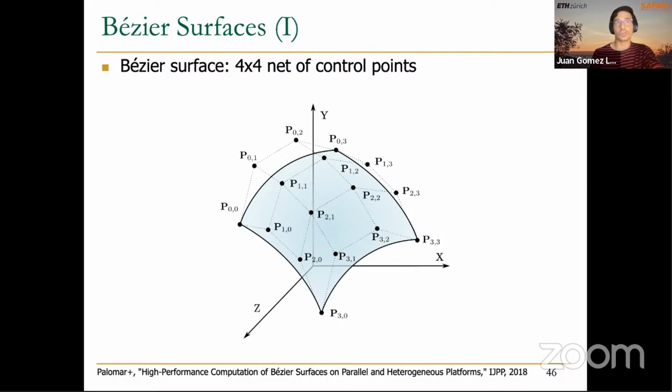In the case of Bezier surfaces, what we do is obtain a surface that is controlled by a group of control points. In this case, we have a net of 4 by 4 control points, and depending on the relative position of the control points, we obtain the points of the surface.